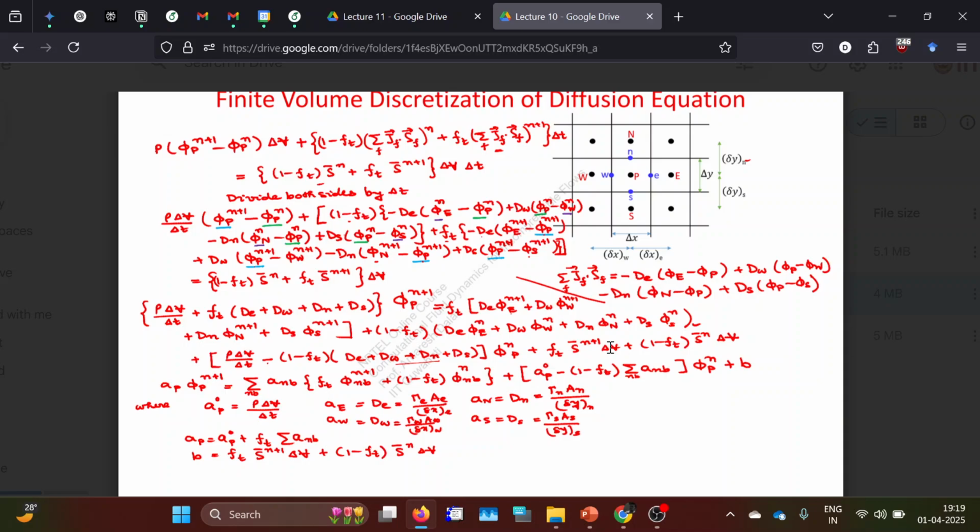In the general case, say something is getting diffused, like momentum diffusivity, I don't take care of how much is getting stored. I only see how much is getting transferred.